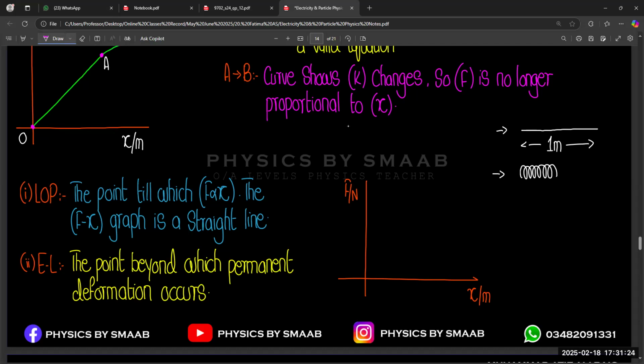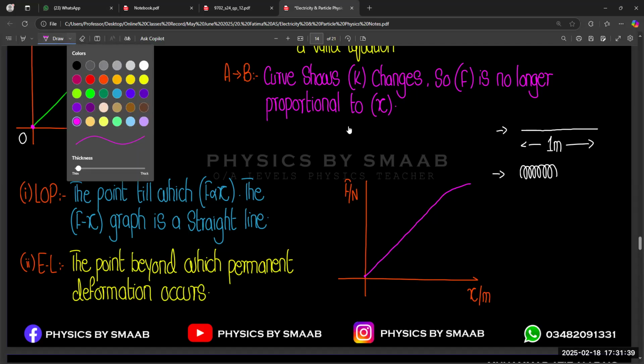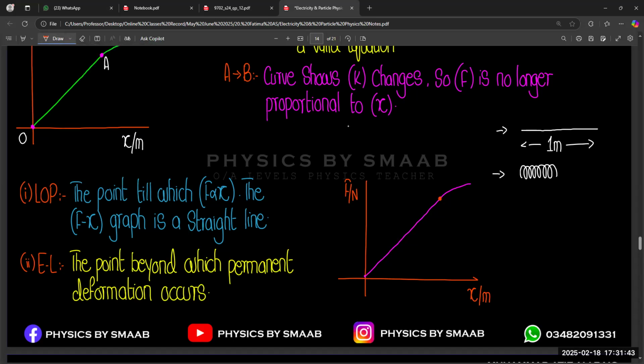First is a straight line and then a curve. So now basically in this graphical representation, until we got a straight line, there is the limit of proportionality. And then we got the elastic limit. And after the elastic limit, permanent deformation is going to occur in the body.